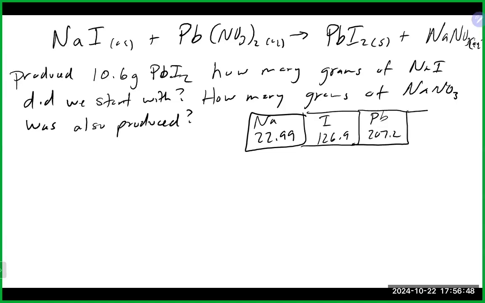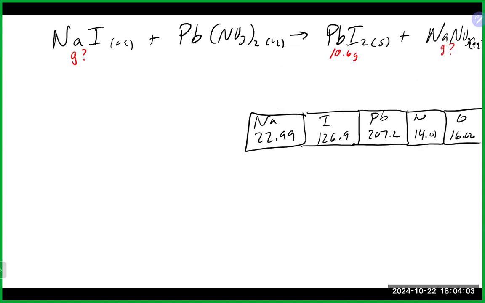We got nitrogen, I think. Nitrogen, 14.01. Oxygen, 16. I got everybody, I think. All right, so looking for two answers there. See what you come up with here. I'll do it as well since I made it up.